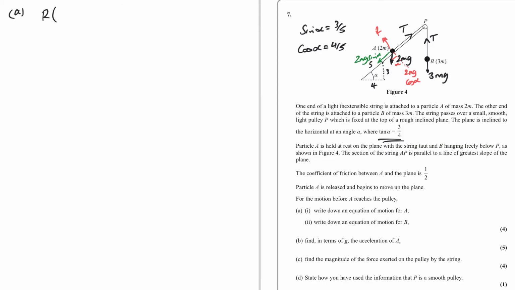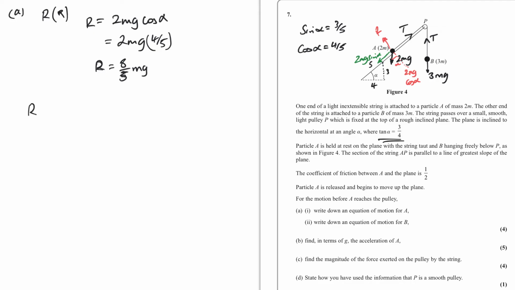If I resolve perpendicular to the plane, we can see that R is equal to 2mg cos alpha, which is 2mg, and cos alpha is 4/5, so 8/5 times mg. That's my value of R there.